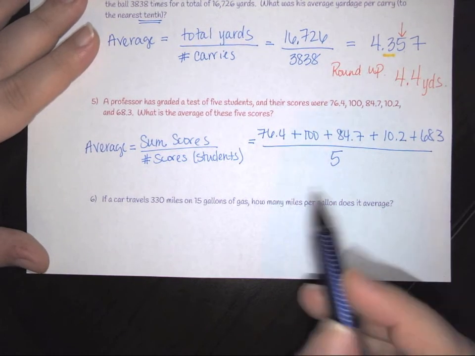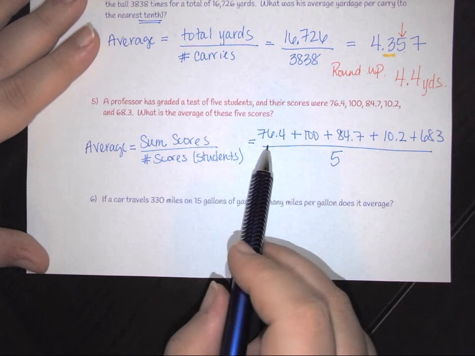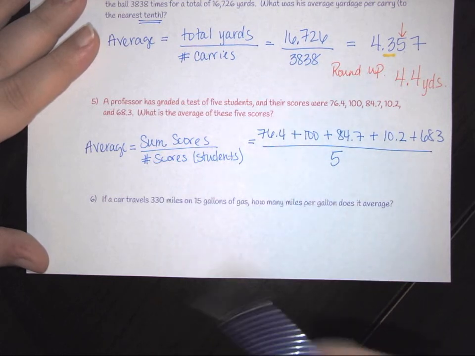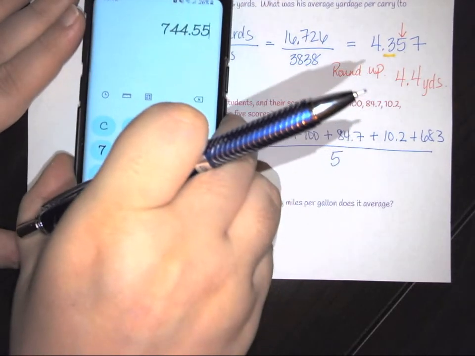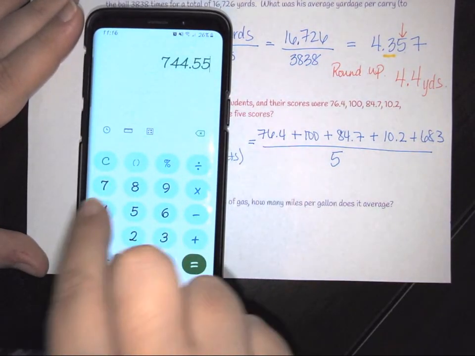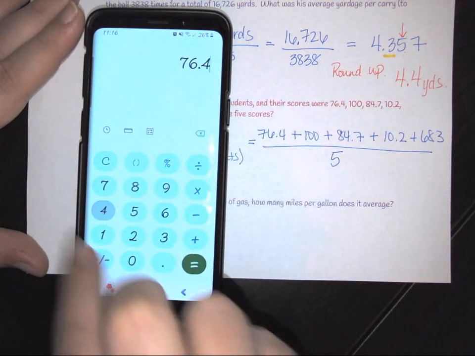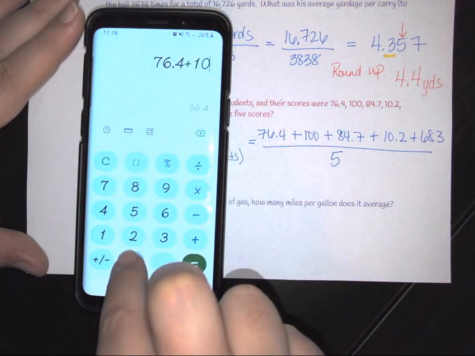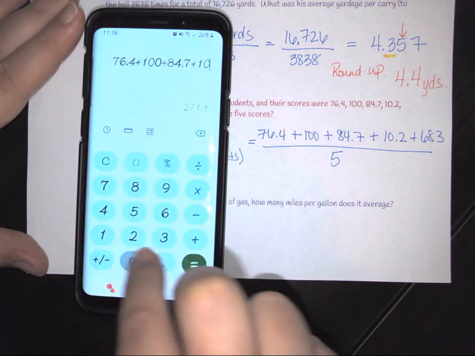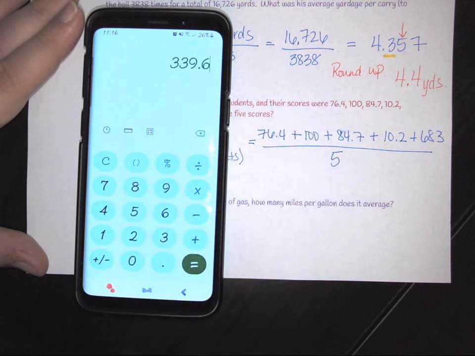So the first thing that I would do is add up everything in the numerator, and then divide that value by 5. So the way that looks is we're simply going to add everything up: 76.4 plus the 100 plus the 84.7 plus 10.2 plus 68.3 and hit enter.